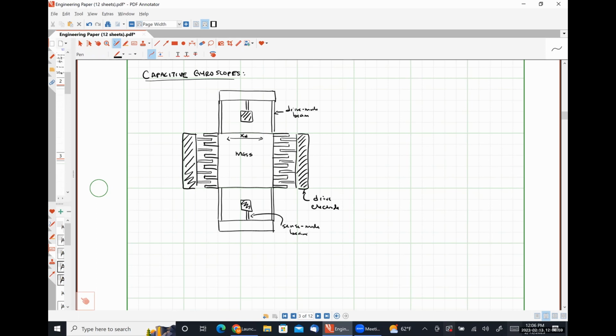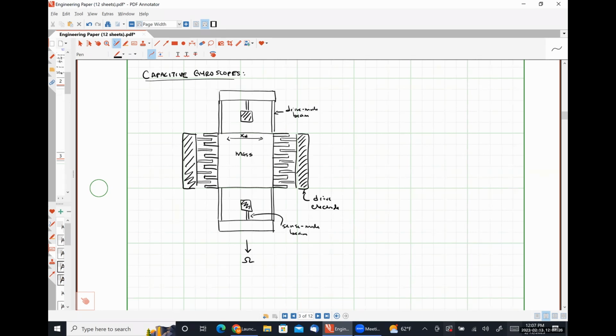This is going to be my sense mode beam, so I'm just going to allow it to move in whatever direction it needs to move in the sense mode, which should be fairly obvious to figure out because beams in extension don't move. What we are saying here is our axis of rotation is the down direction, right?